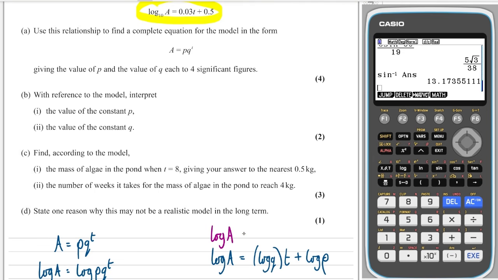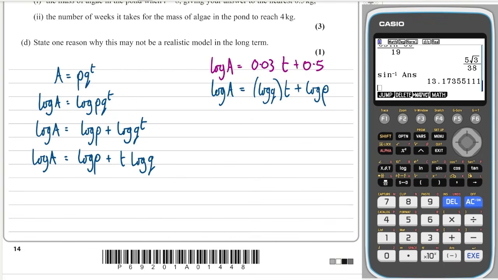So log A is equal to 0.03 times T plus 0.5. And now we can compare.